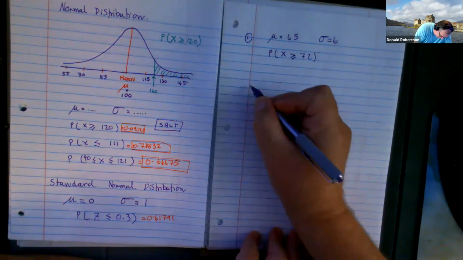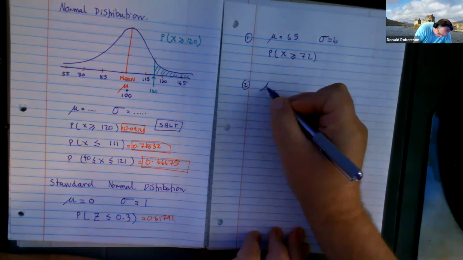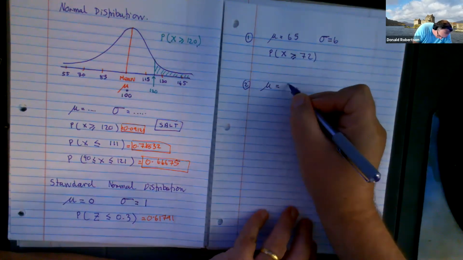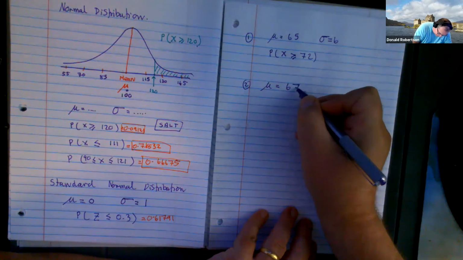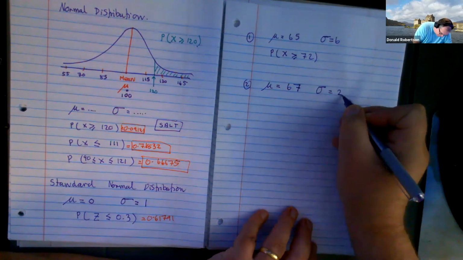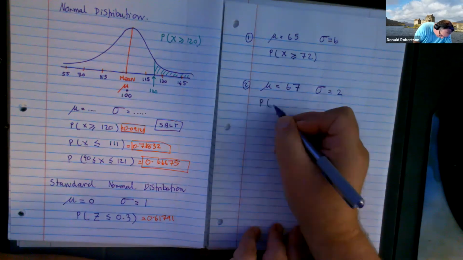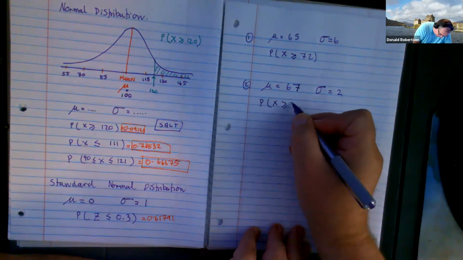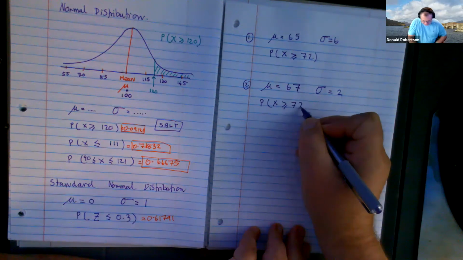Now in question 2, there's a second country whose average height is 67 and whose standard deviation is 2. And we're going to calculate what's the probability that you get a person from this second country who's also 6 feet or taller.